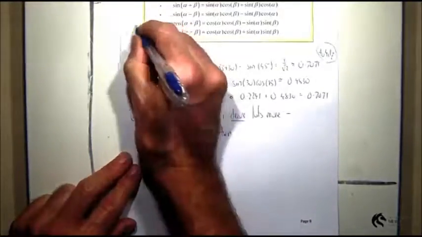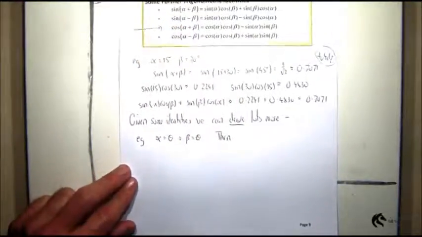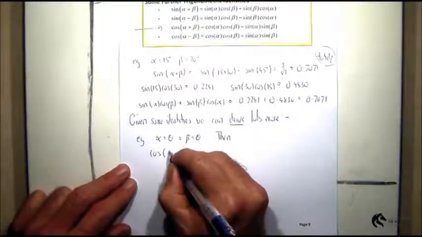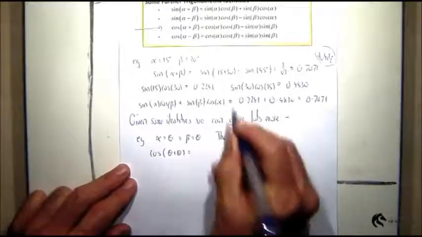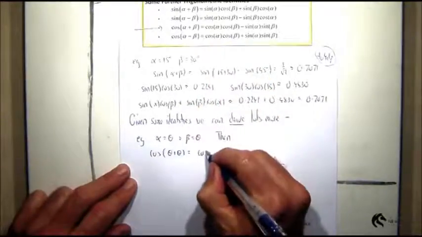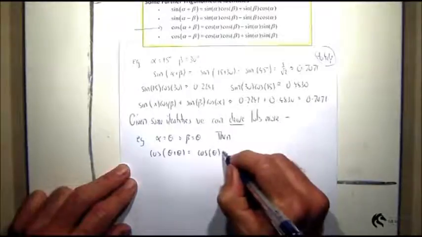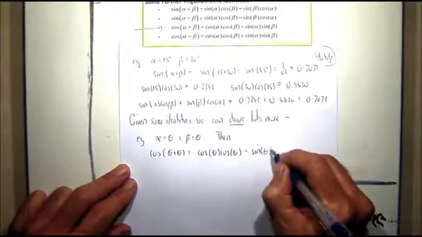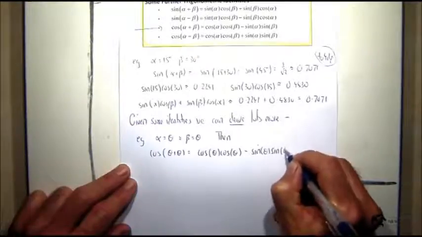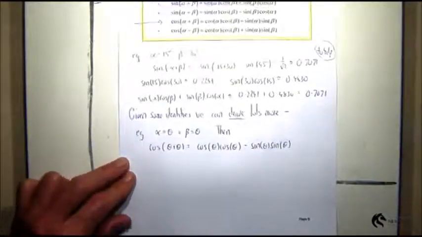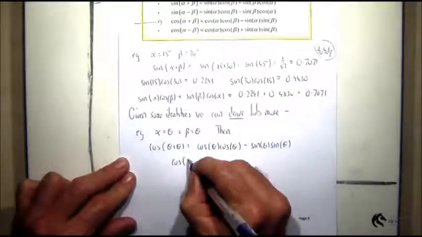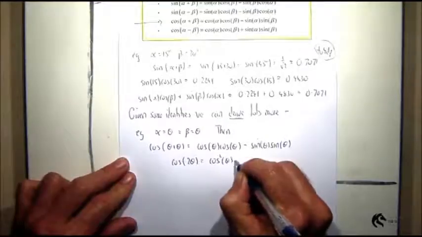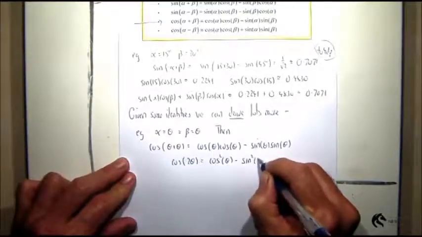I might choose this one. If I go to the cos alpha plus beta, on the left-hand side I have cos of theta plus theta must be, and on the right-hand side it says I can write that as cos theta cos theta minus sine theta sine theta. So in other words, I can say, look, the cos of 2 theta is cos squared theta minus sine squared theta.